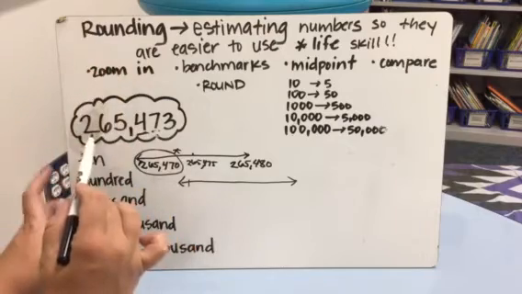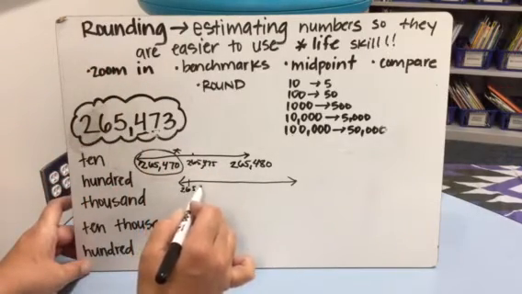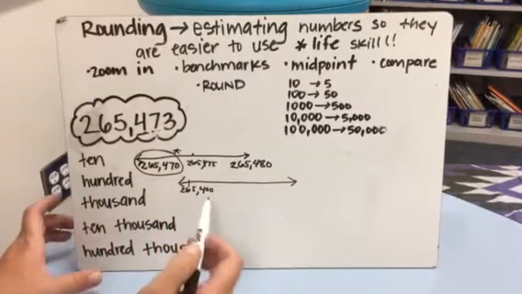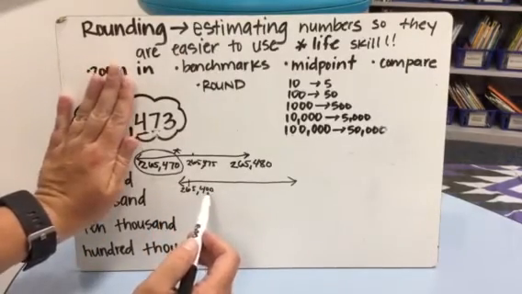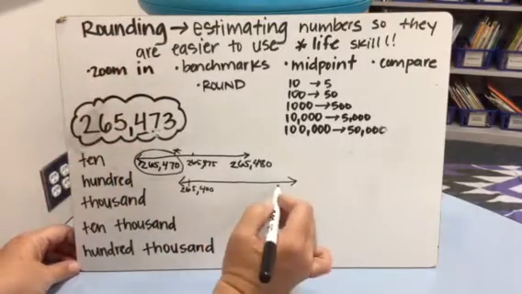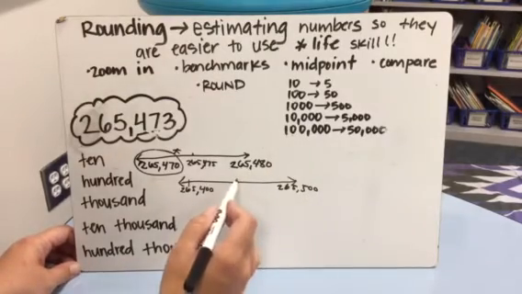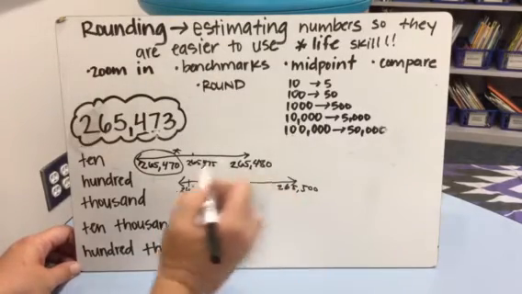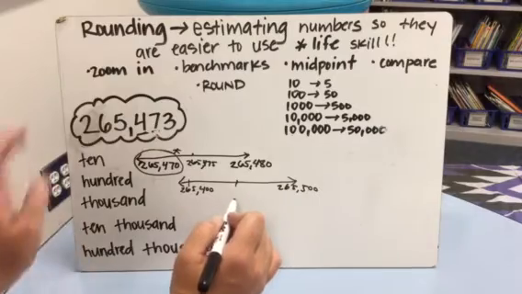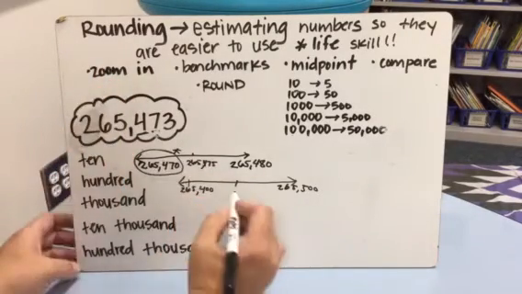Here it's 265,400. If I was doing it like a 3rd grader, it would be 400, 500. So now it's 265,500. Now my midpoint, since this is a distance of 100, right in the middle is 50. As a 3rd grader, it would be 450. As a 4th grader, it's going to be 265,450.